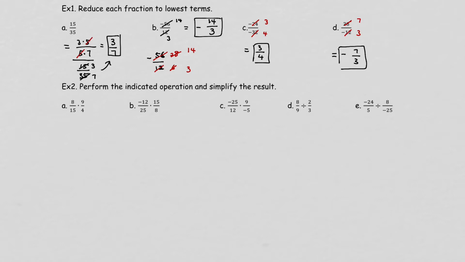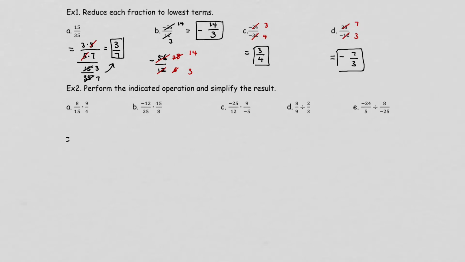What about multiplication? With multiplication, the only thing you want to remember is that you want to reduce before you multiply, because if you multiply first, your number will be large and it's more difficult to reduce a bigger number. So reduce first, then multiply.